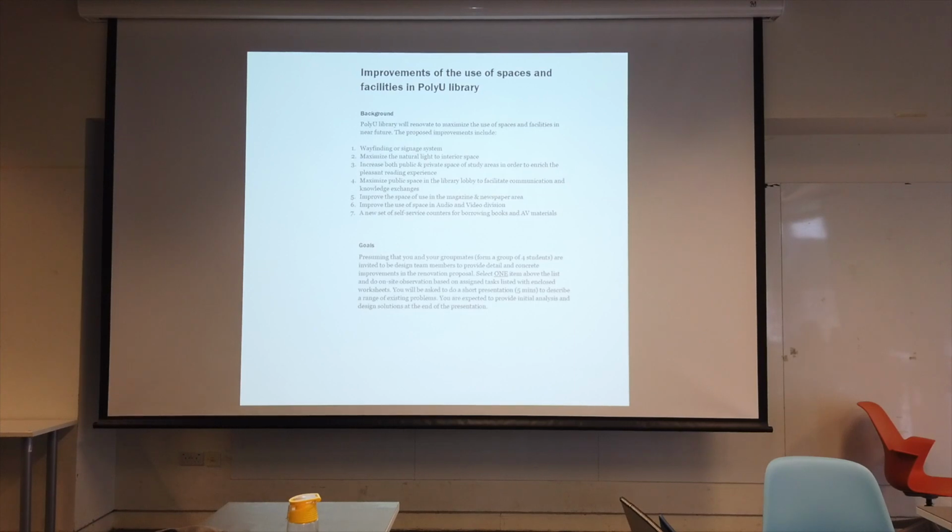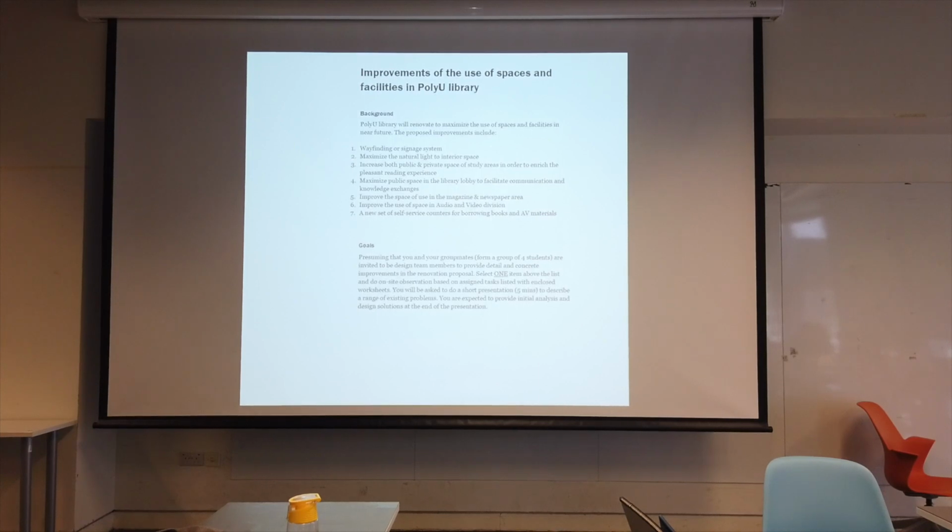And like I said, observation is not easy. That's why we developed a sample worksheet for your discussion. Before you really go out, we came up with some questions, some simple tasks for you to discuss with your groupmates.